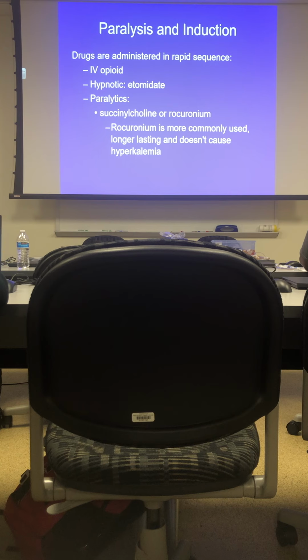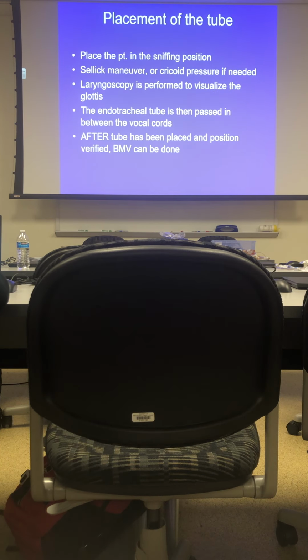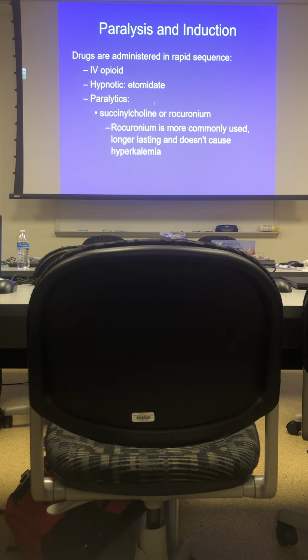Neuromuscular paralytic. So we can either give succinylcholine or rocuronium. In one of the videos I heard the guy saying rocuronium. It's called rocuronium. Okay? And in the clinical setting, we just say rock.